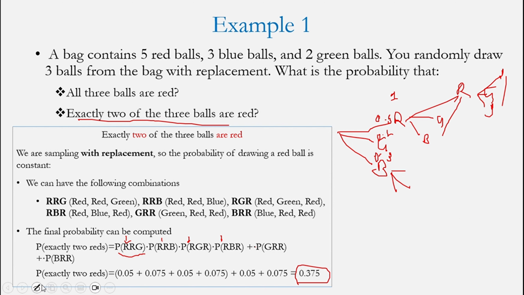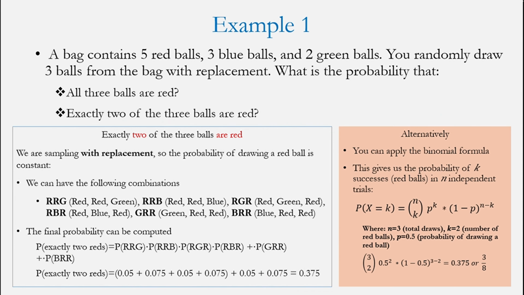Allow me to erase the ink on the slide so that you can see another alternative. We can apply the binomial formula. This is a concept you're going to see in subsequent episodes of this series when we introduce probability distributions. The binomial distribution tells us the probability of getting k successes, where our k successes are the red balls, from n independent trials. We have 3 trials, remember?